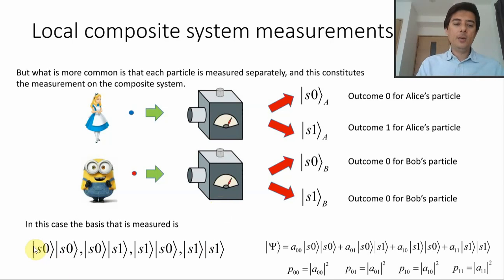We still have these four measurement outcomes, S00, S01, S10, S11, and provided we've written our wave function in terms of these four outcomes, the probabilities are still the squares of these four cases, right? Okay.